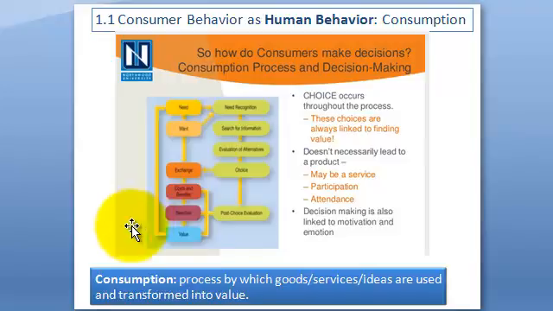So we can study all of this human process where someone goes from simply recognizing a need to making a decision.